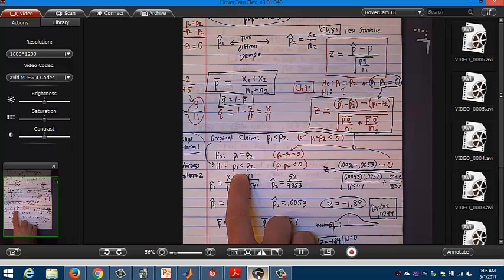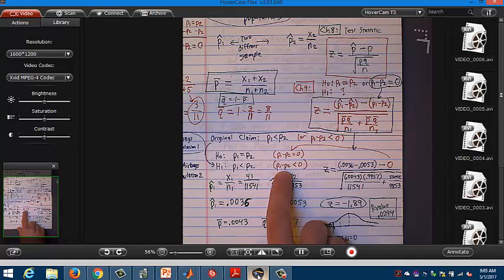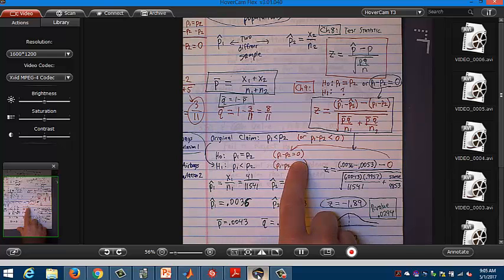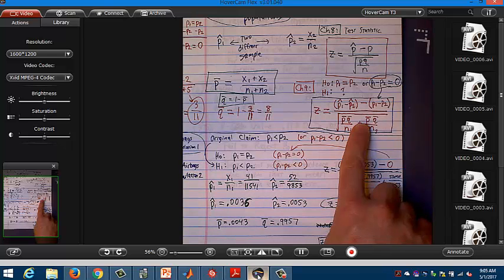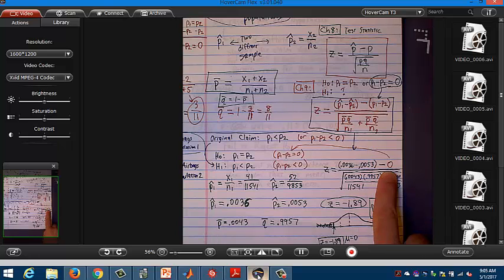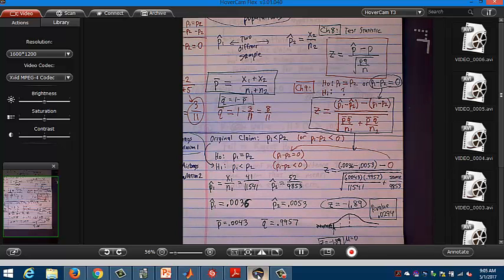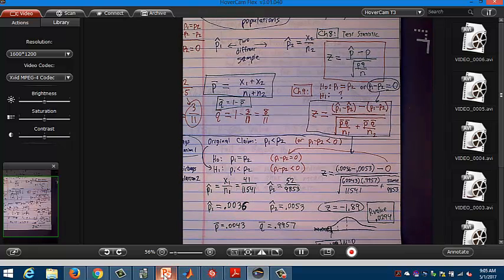But remember, if you do just a little bit of algebra, you can write P1 minus P2 is less than 0, or P1 minus P2 is equal to 0. You guys remember doing that? If you do that, that'll help you when you go to plug into this big ugly formula. That's going to become a 0. Okay? So I think it's neater what they did than what we did.